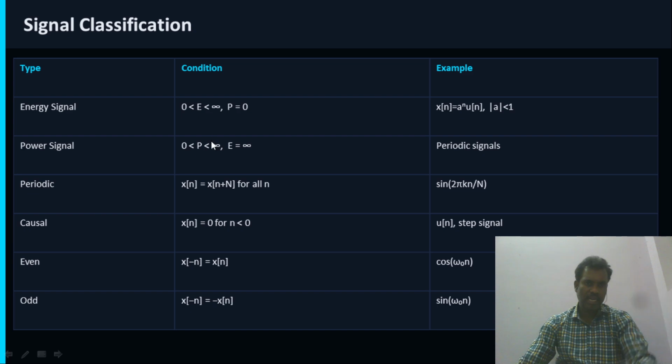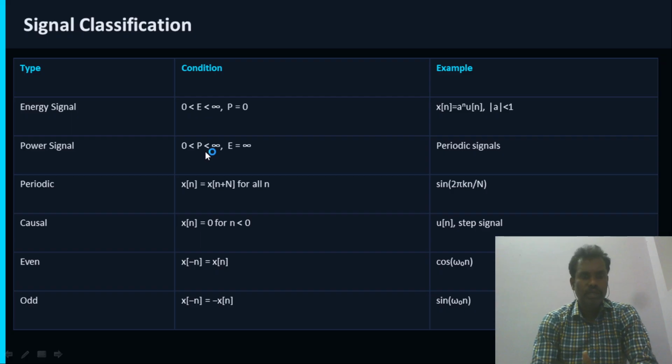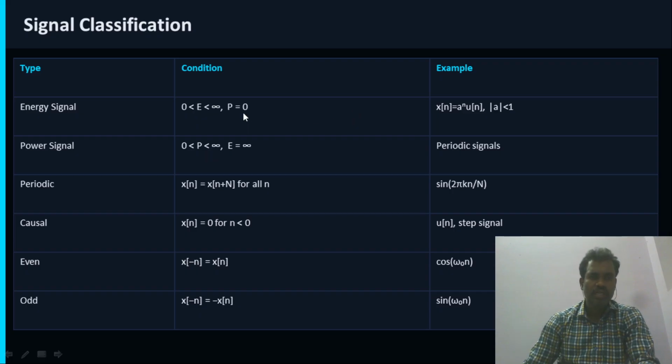What is power? Energy per unit time, so E by T. If the energy is finite, the power may be 0. When T tends to infinity, E is finite, and finite by infinity is 0. When it is an energy signal, power should be 0.